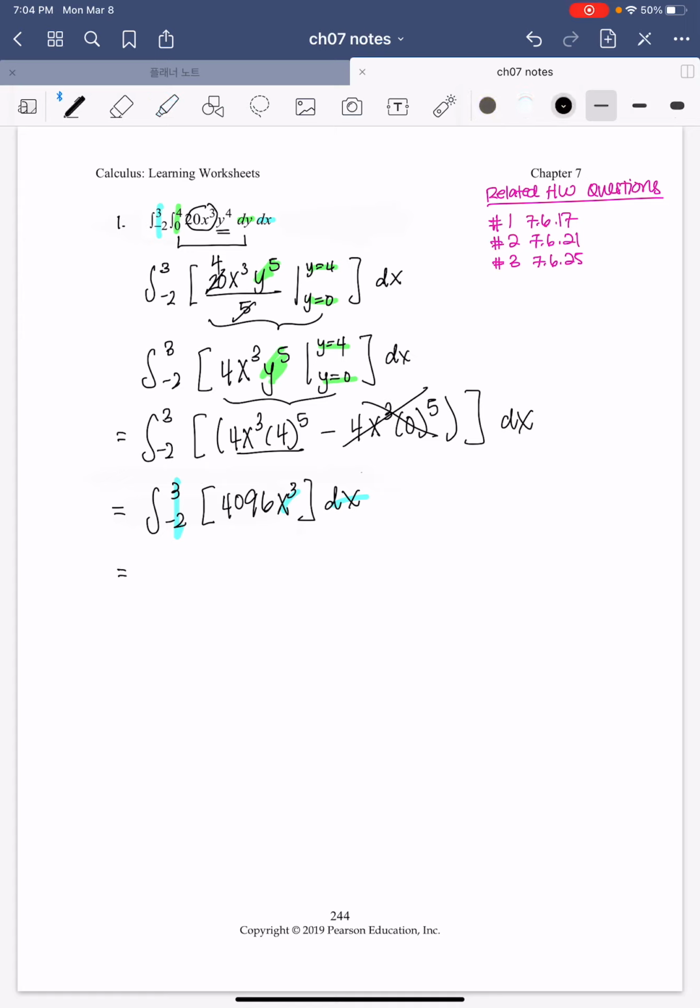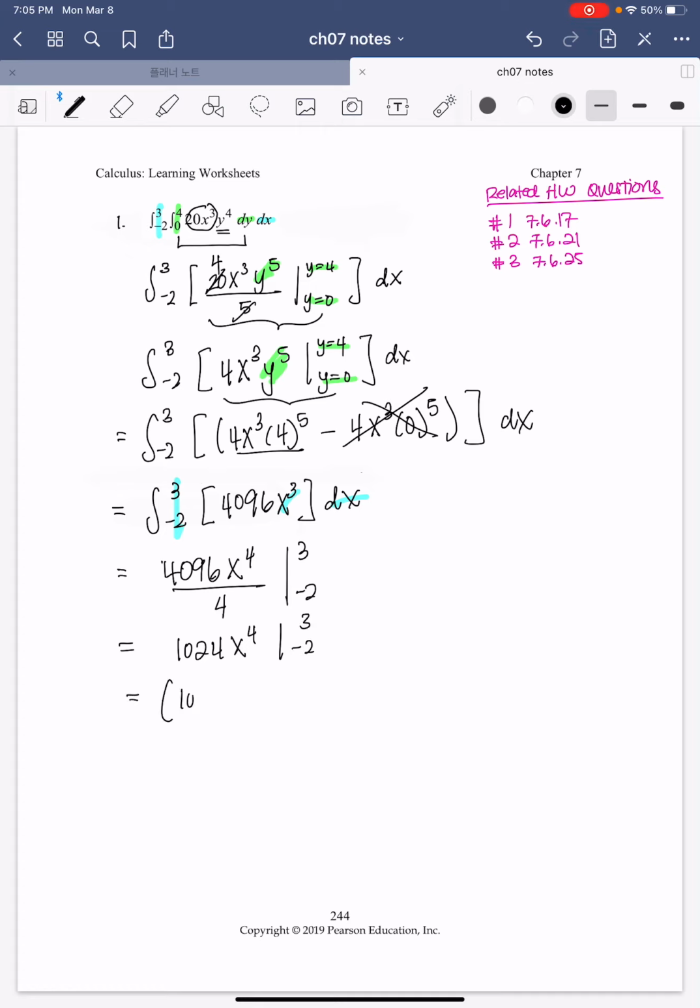Same thing, this is a simple integral. We raise the power, divided by the new power. So 4096 x to the 4th power divided by 4 from -2 to 3. 4096 divided by 4 gives you 1024 x to the 4th from -2 to 3.